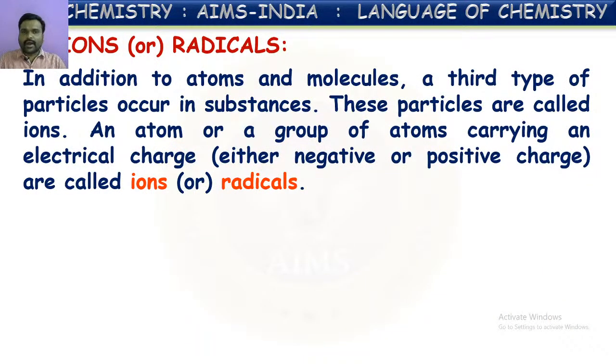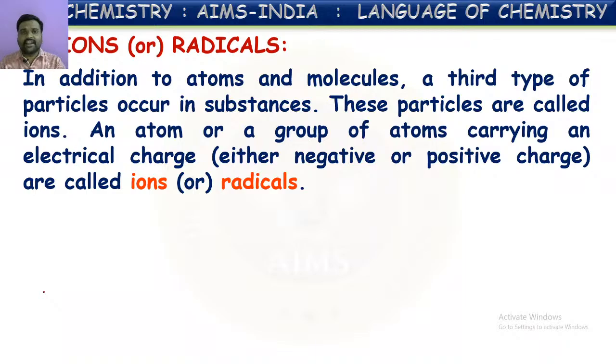In addition to atoms and molecules, a third type of particle occurs in substances. In the previous basic classes, we studied that matter is made up of atoms and molecules.